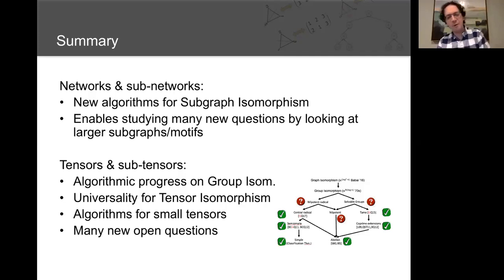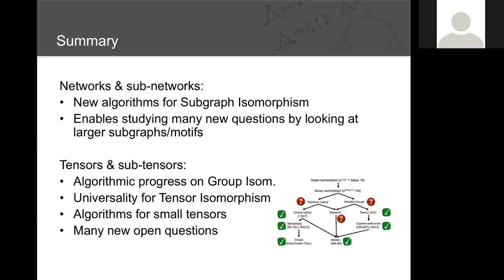But every instance of group isomorphism can be converted into a special case of graph isomorphism. And part of the reason that it seems easier is that these groups, because they're algebraic, that algebra gives you a lot more structure. Thank you.